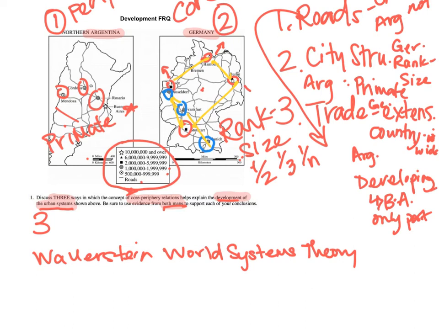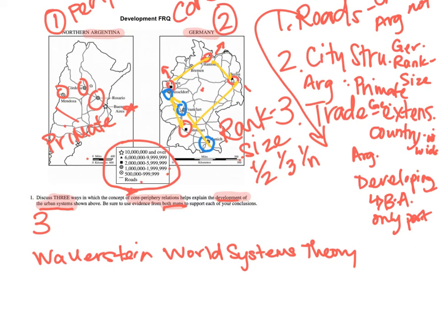Those population centers are going to play an integral role across the country because of their almost strategic location, right? But Buenos Aires is on the coast, so the further inland you get, the less influence Buenos Aires is going to have. So those are the different points that are included in the rubric.